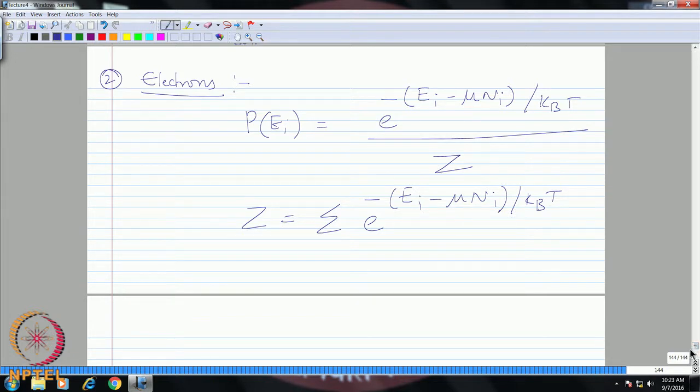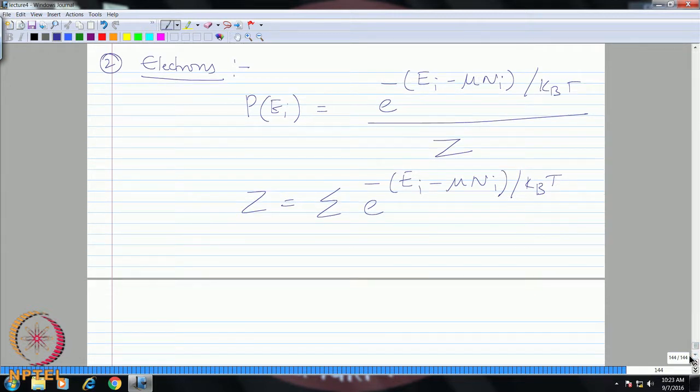When you look at the occupation of these energy levels by electrons, you have only two possibilities. You have a particular number N_i. For example, if you are talking about an energy level which is empty, this is equal to 0. If your energy level is occupied, this number will be just 1.